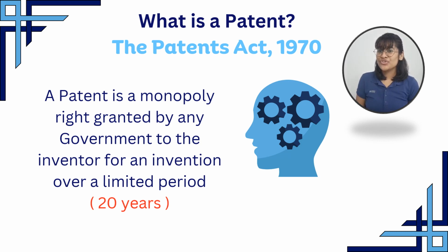Now, what do we really mean by patents? The Indian Patents Act 1970 defines patents as a monopoly right granted by any government to the inventor for an invention over a limited period of time. In India, generally, a patent is granted for a period of 20 years, which can be further renewed.